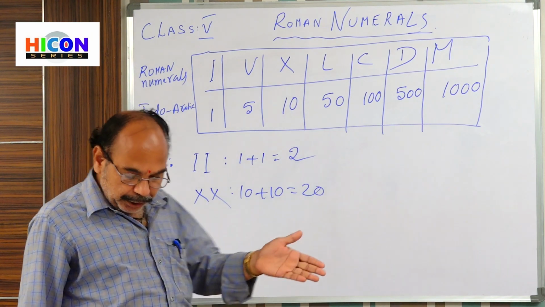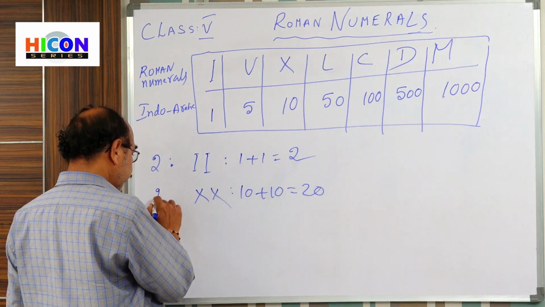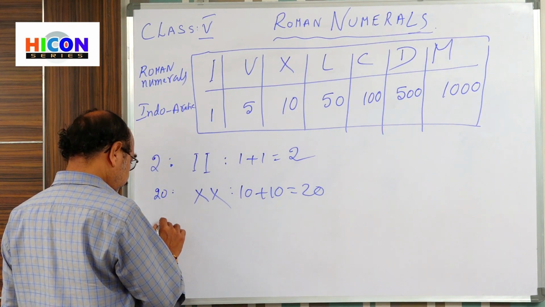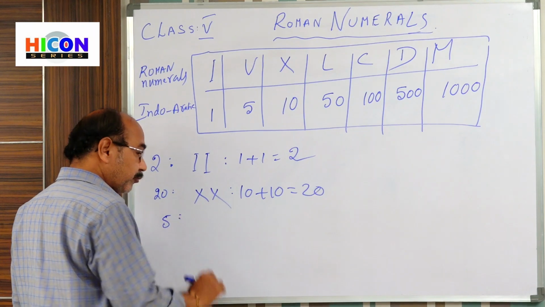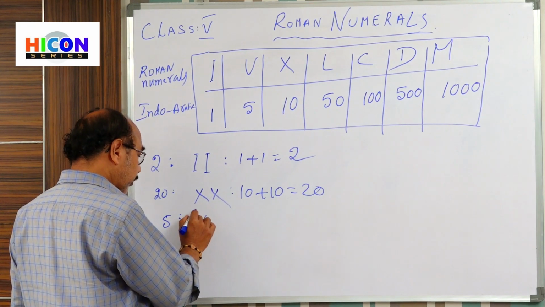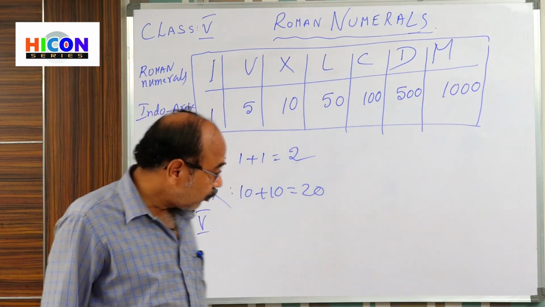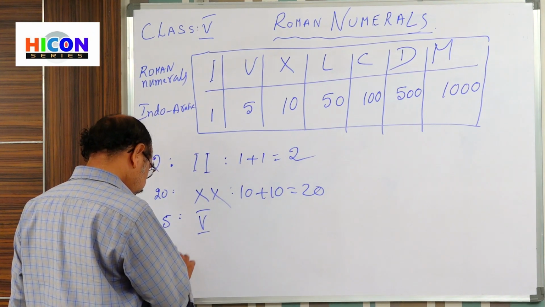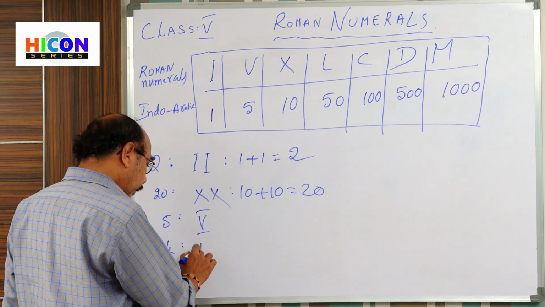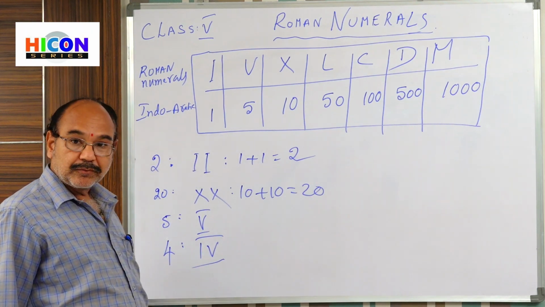One more example, you see. Any number you can take. Suppose here 5. V is for 5. And 4, you see, 4 like this we get. 4 means IV.